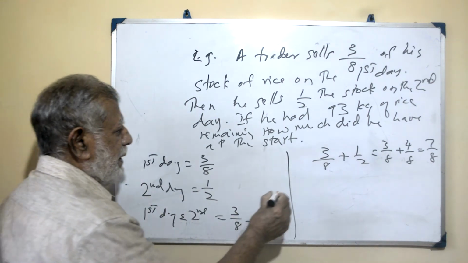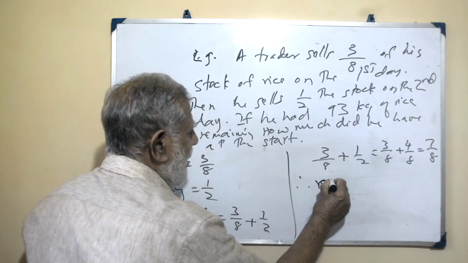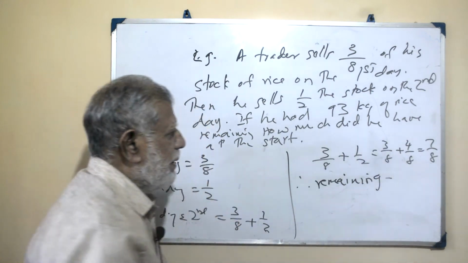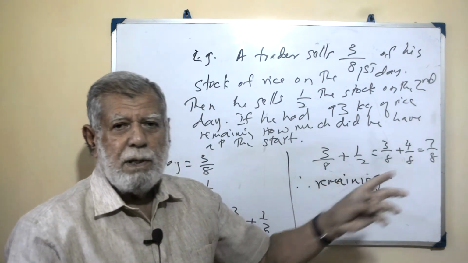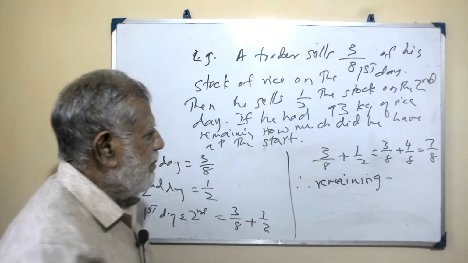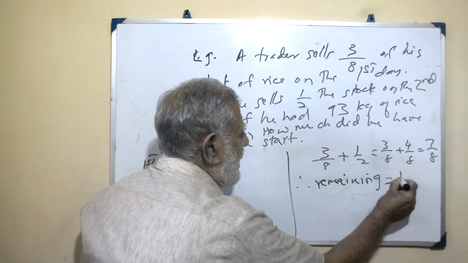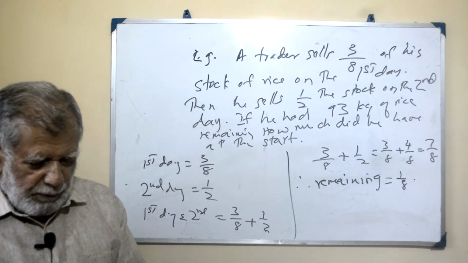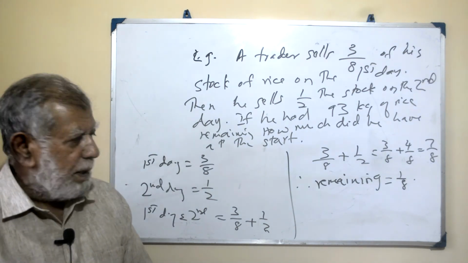So therefore, how much is the remaining? Out of 8 parts, 7 parts he has sold on the first and second day. So the remaining is equal to 1/8. So children, 1/8 is the remaining part.